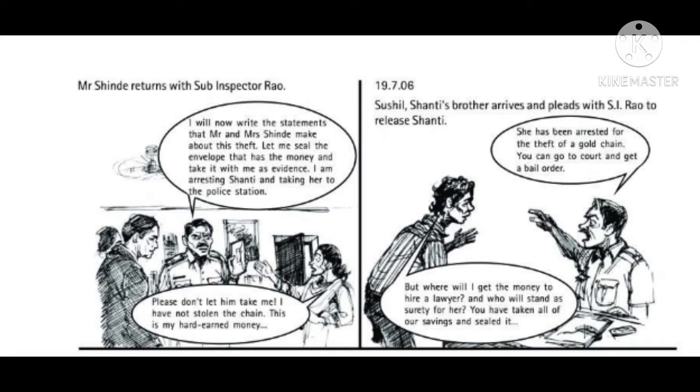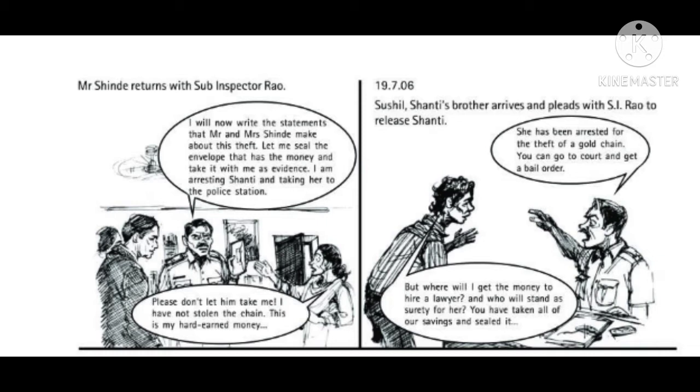After filing the FIR, Mr. Shinde returns with Sub-Inspector Rao. Then they checked and thought the money in the envelope was the money which Shanti got instead of their chain. So they arrested Shanti.